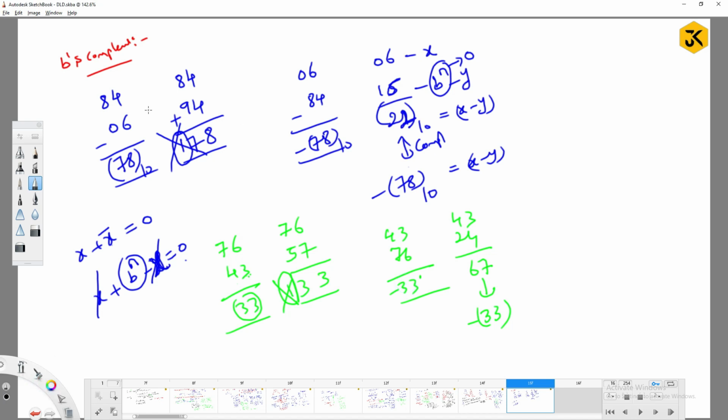If it is in B's complement, when you are working with B's complement, first find the B's complement of the negative number. After that, add it to the number you are trying to subtract from. If the result generates a carry, just discard the carry. That is the second step.